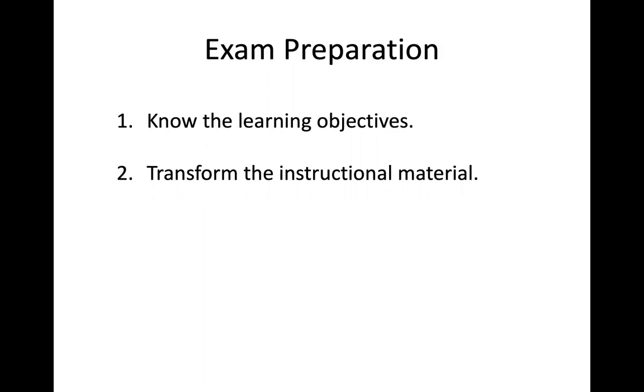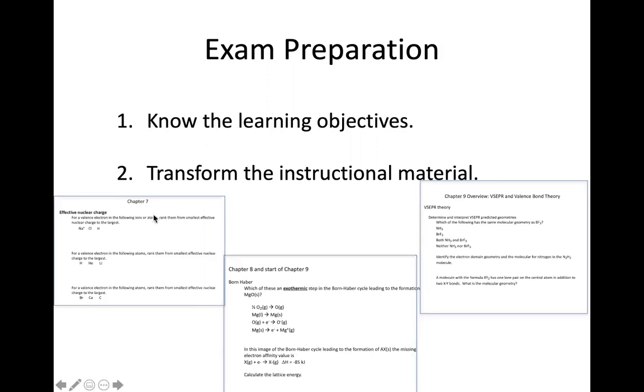I would try to take the information for chapter 7, chapter 8, chapter 9, and summarize it in a way that makes sense for you on about one page of paper for each one. I've been trying to give you information with these overviews for chapter 7, chapter 8, and the start of chapter 9. Those are the key essential ideas that should be on your instructional material that you transform.